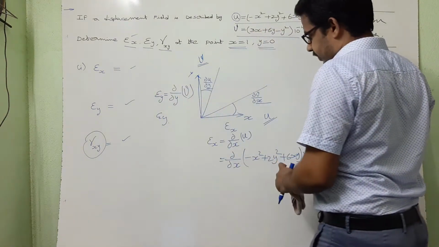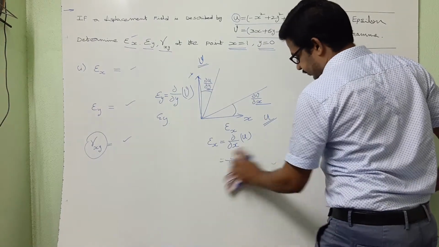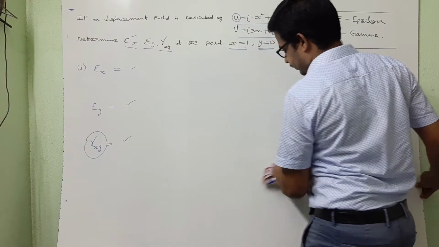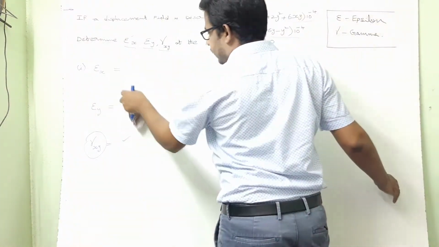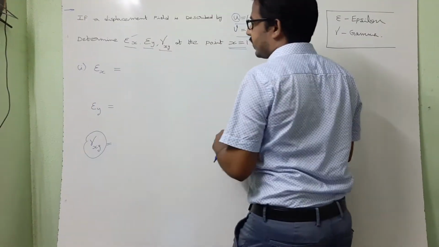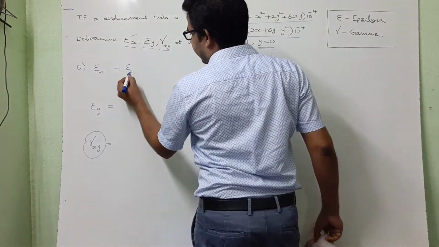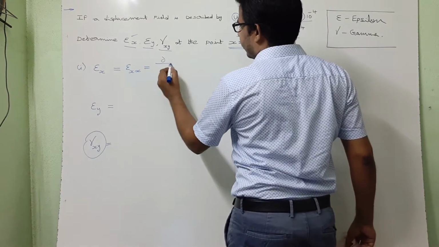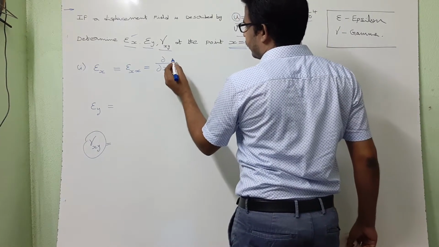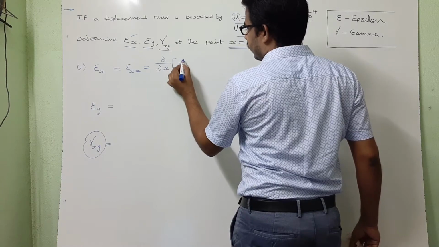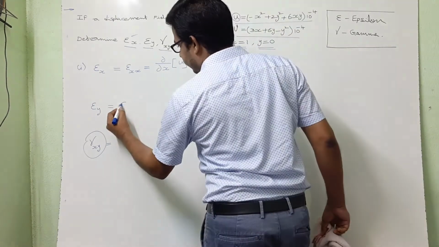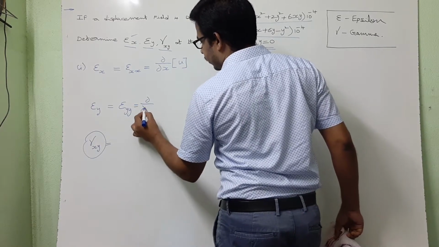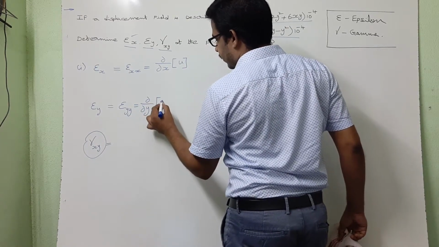So coming to the problem, epsilon xx is equal to dou by dou x of u, and epsilon yy is dou by dou y of v.